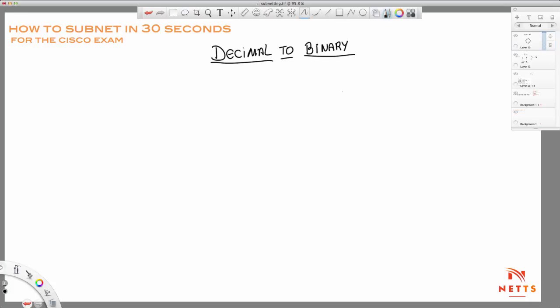In that way, we can assign one IP address to the host, and the host does the conversion to the language it understands, which is binary, and then sends and receives traffic based on that.